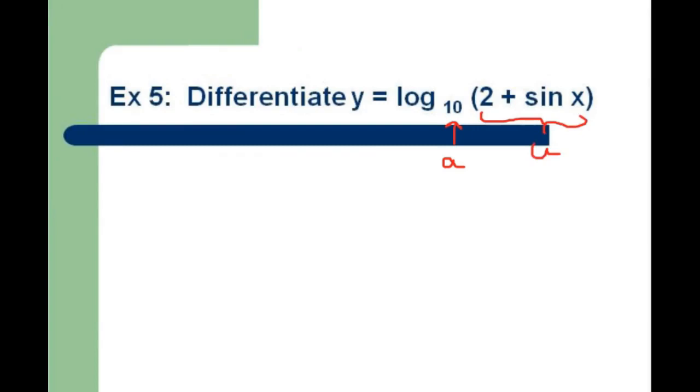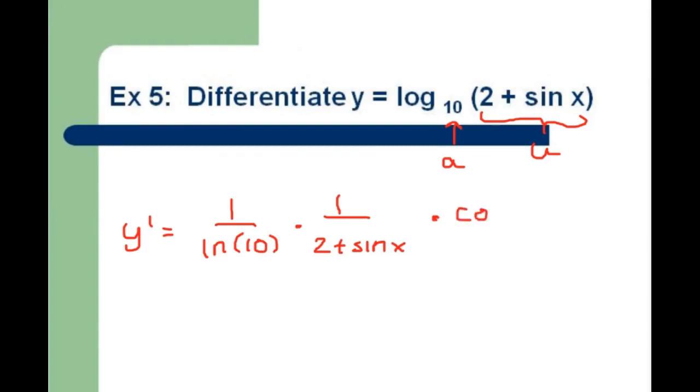So my derivative is 1 over the natural log of a, which is 10, times 1 over the u value, which is 2 plus sine x, times the derivative of my u value. Well, the derivative of 2 is 0, and the derivative of sine is cosine. So cleaning that up, you get cosine x.